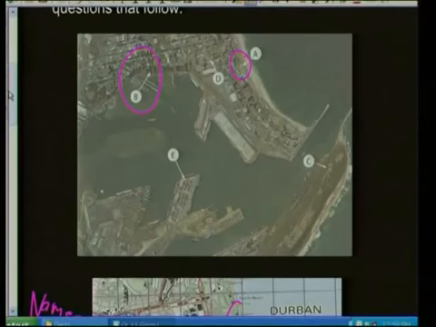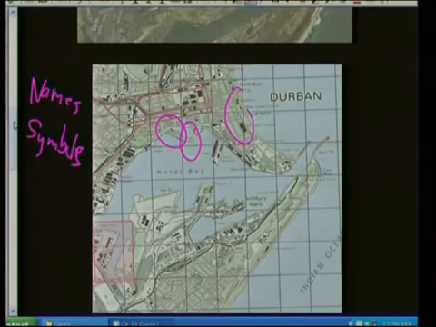Okay, let's go up again. Let's look at C. Again, there's nothing on the photograph, but let's go to the map. All right? And if you look at the map, and I'm going to use my little thing here, it talks about port signal, the port signal itself. Can you see my eyes are going? And maybe some of your eyes are going.